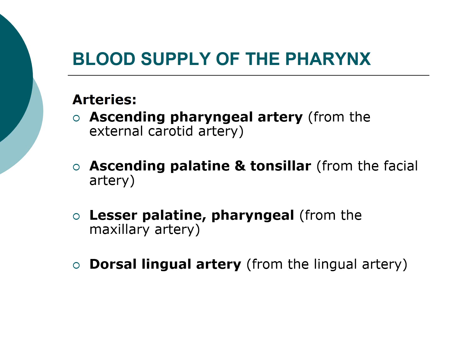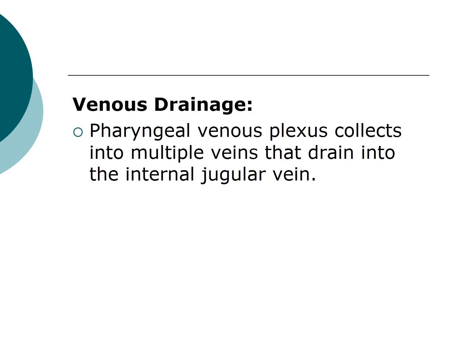When we speak about the blood supply, we have to mention also not only the arteries but also the veins. The veins of the pharynx form what is called the pharyngeal venous plexus.